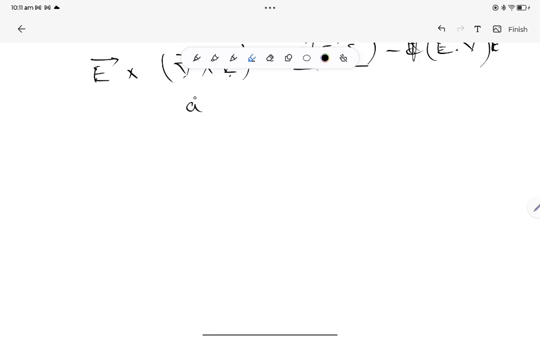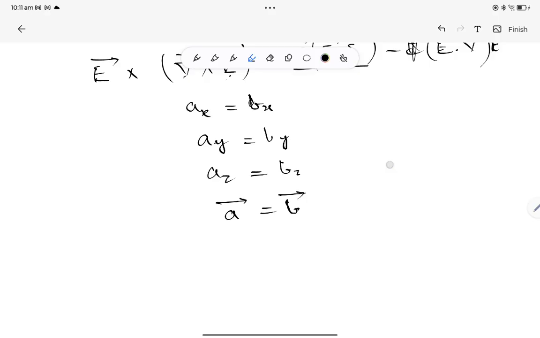If two vectors a and b have their x components equal, their y components equal, and their z components equal, then a is equal to b. So if two vectors have all corresponding components equal, then they are equal.